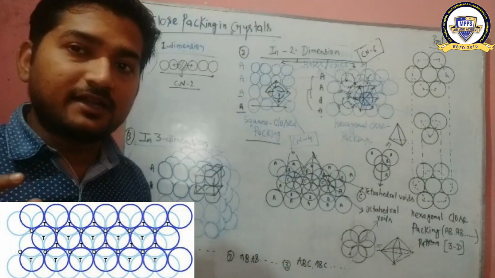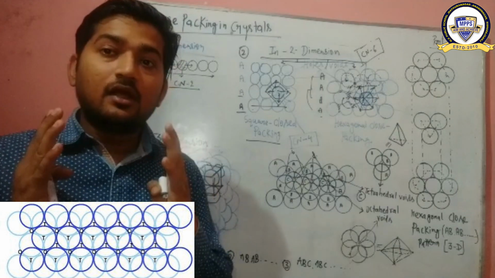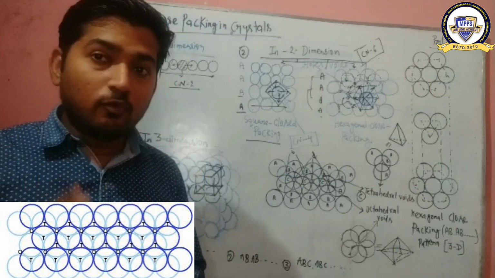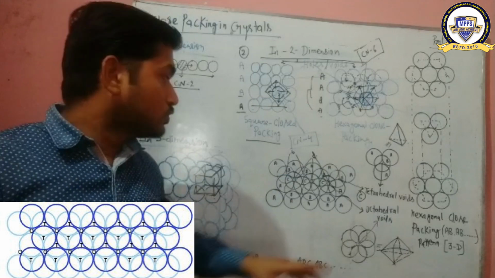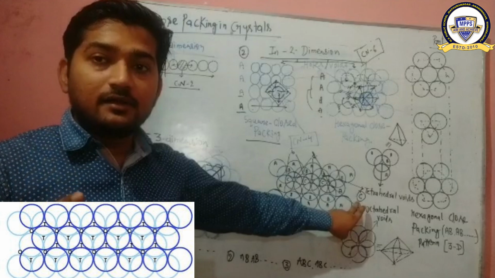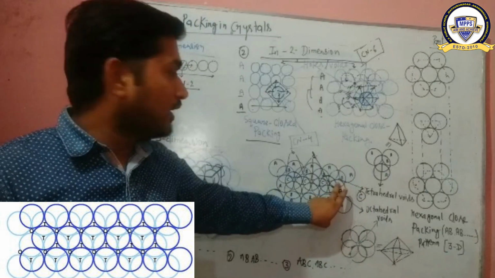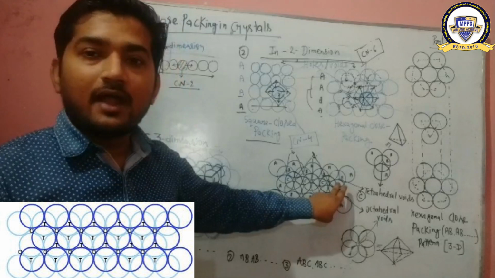Why do we say tetrahedral void? Because it is formed by four particles or four spherical structures. So these voids are known as tetrahedral voids. Okay, look at here, this point shows the tetrahedral voids.